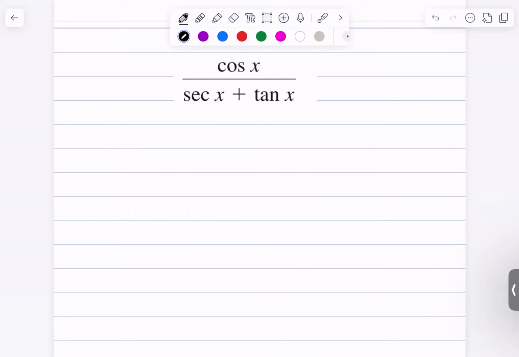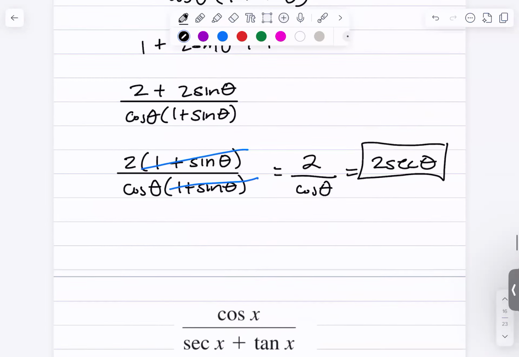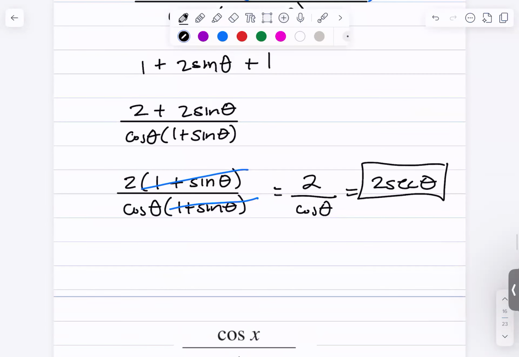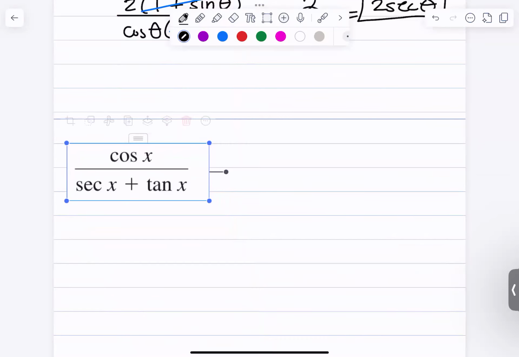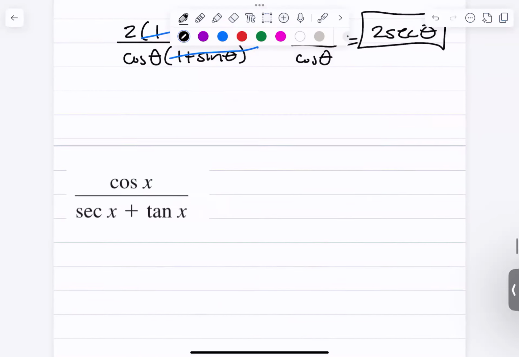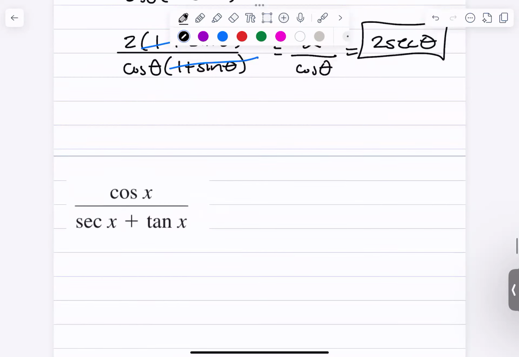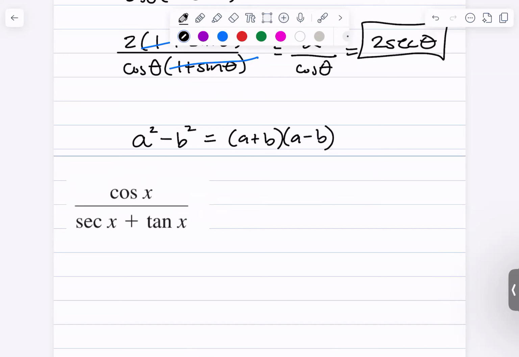This one's a little tricky. Okay. I'm going to show you guys a new trick. All right. So don't get flustered. I am going to use the difference of squares. The difference of squares, you guys already should know, a squared minus b squared equals a plus b times a minus b. Okay?